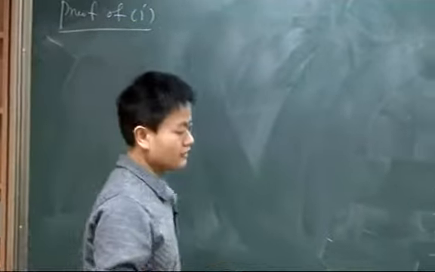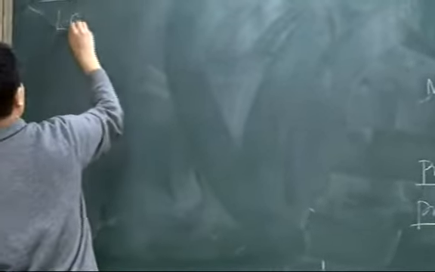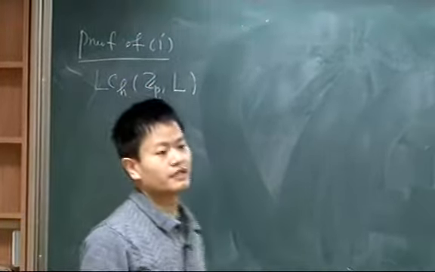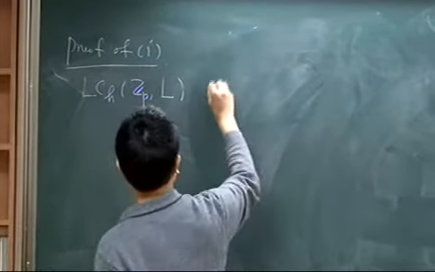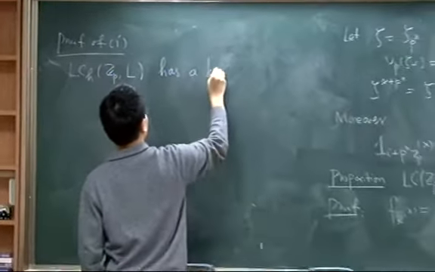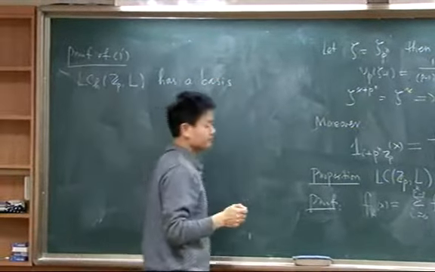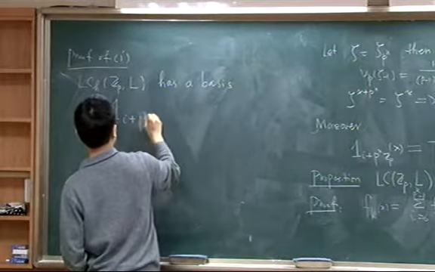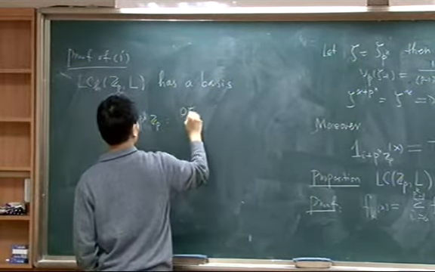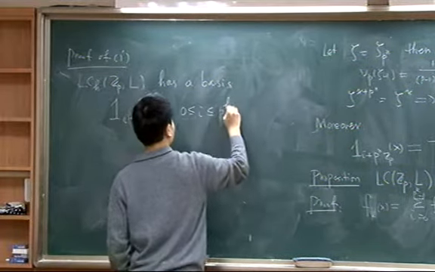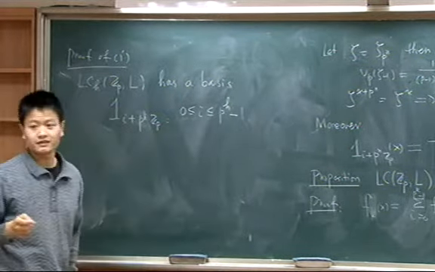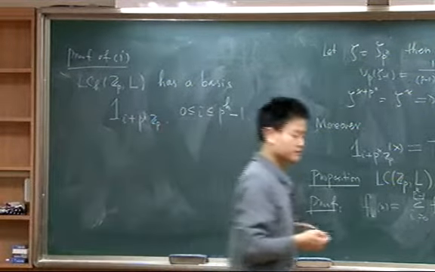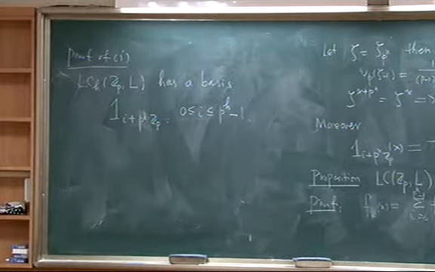Proof of 1. So let's see, what is LC_h(Z_p, L)? Basically it has a basis, the indicator functions of a plus p^h Z_p. This is an L vector space, so it has a basis like this.